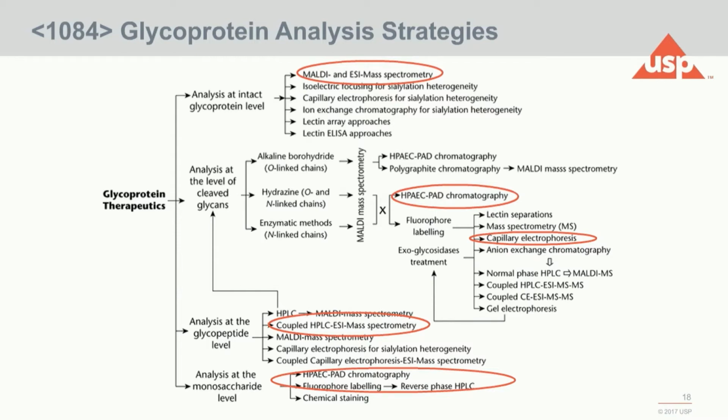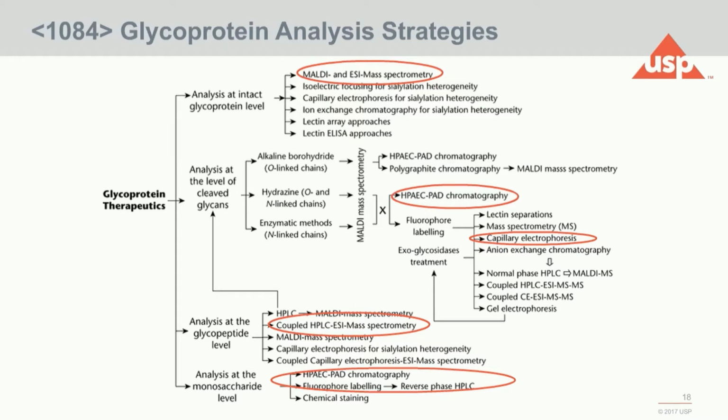But here I want to really point out that glycoprotein analysis can be done at multiple different levels. So you can look at the glycoprotein from the intact level, and this is typically done by mass spectrometry.